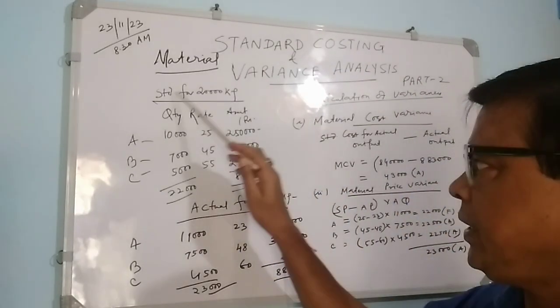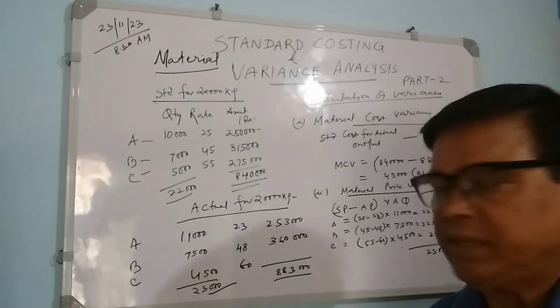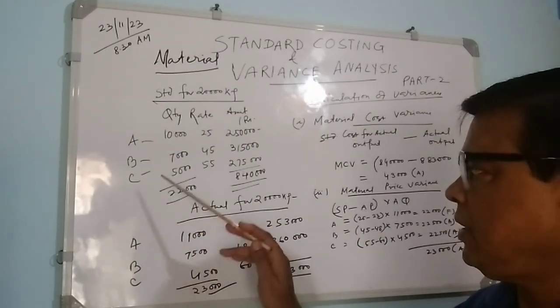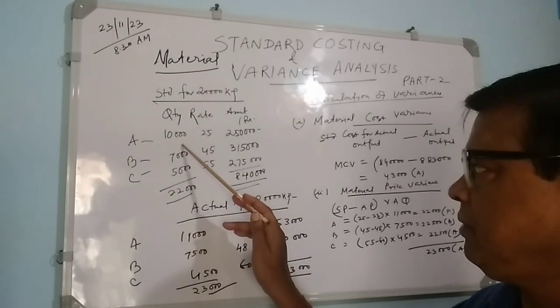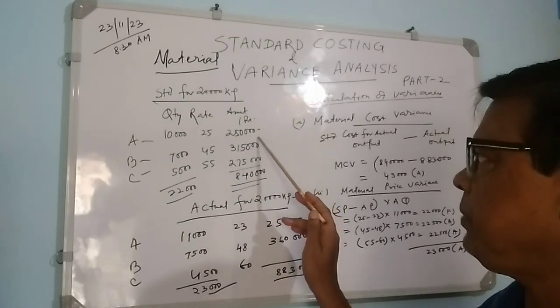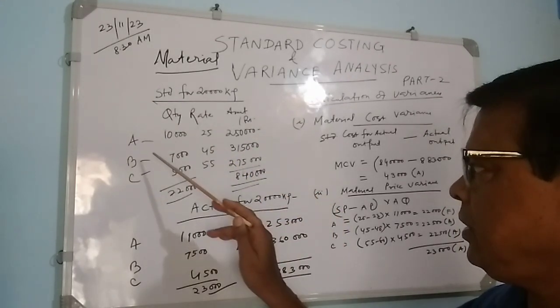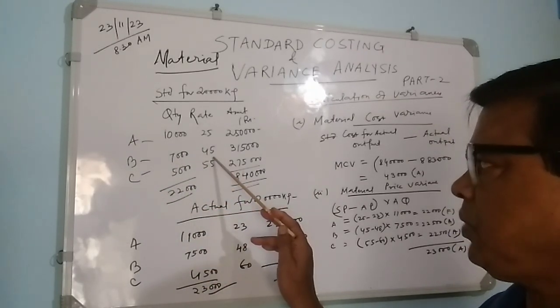Now let us take an example. This is the standard for 20,000 kg. Three components are there. A is 10,000, whose rate is 25, amounting to 2,50,000. Then B is 7,000, rate is 45.